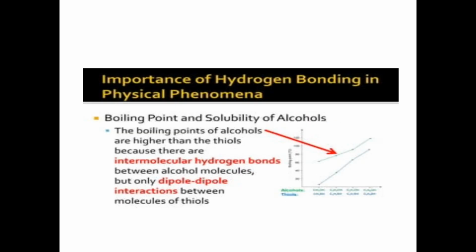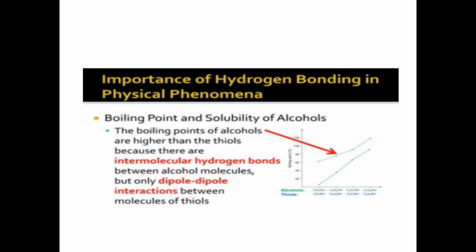Take note of that. Then another application or importance of hydrogen bond will be to explain the boiling point and solubility of alcohols. So when we talk about alcohols now, we are talking about the alkanols, from methanol to ethanol to propanol to butanol to pentanol to hexanol to heptanol to octanol, nonanol, and decanol, and so on. Now, you observe generally that the boiling points of alcohols are higher than thiols.